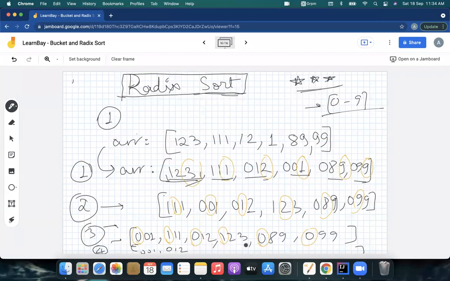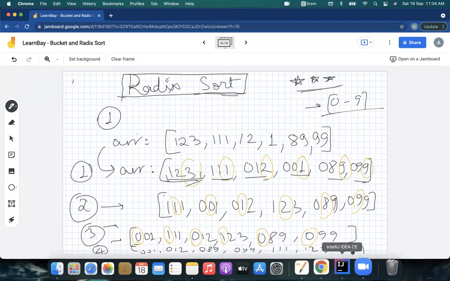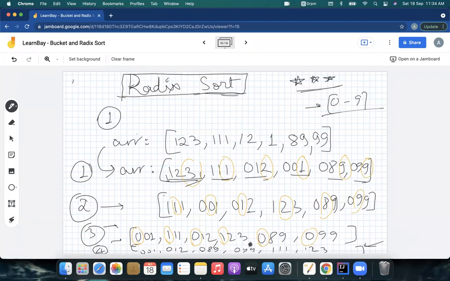What are the other zeros? 0 8 9 comes. Then 0 9 9 comes. Then what are the others? I think there are two ones. 1 1 1 and 1 2 3 come, and this array becomes sorted.